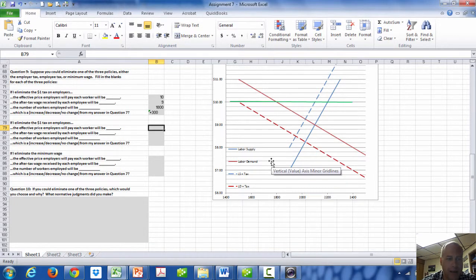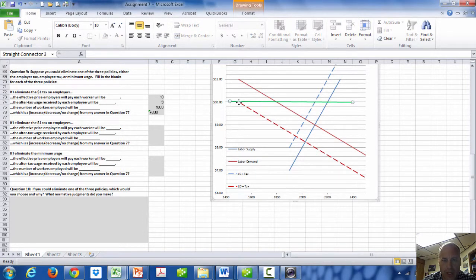So now think about eliminating the $1 tax on employees. If we eliminate the $1 tax on employees, but the employers still have to pay the tax, then employers are going to be making wage offers along the dashed line. Employees are going to be receiving wages along the solid blue line, or in the face of the minimum wage, they're going to be receiving exactly the minimum wage.